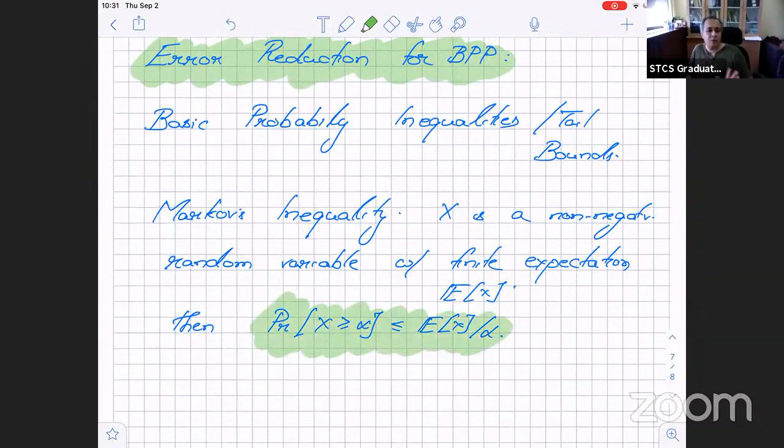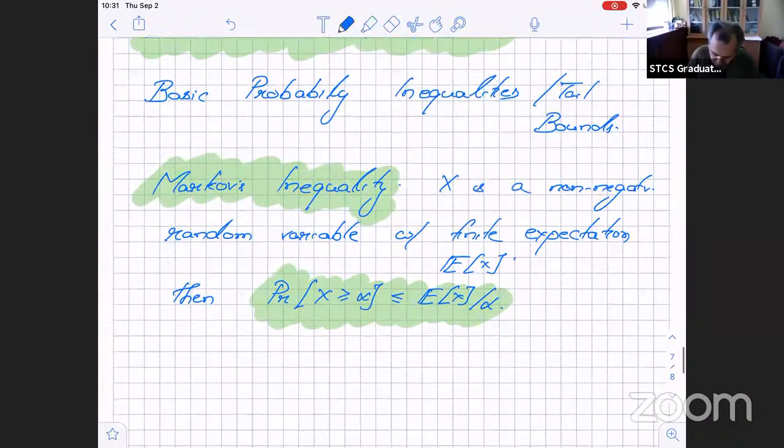This almost follows from the definition of non-negative random variables and expectation. Most of you have seen it. This will be a basic thing we'll use.